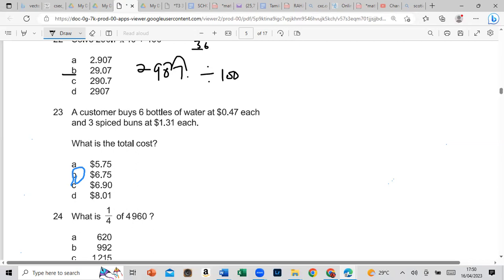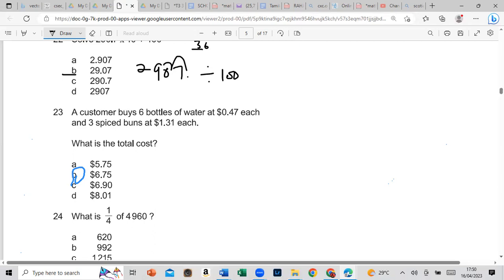Well, on 22, remember, we're just moving the decimal point. When you multiply by 100 or 10, you move it the number of places by the number of zeros. And when you divide, you move the decimal point to your left.